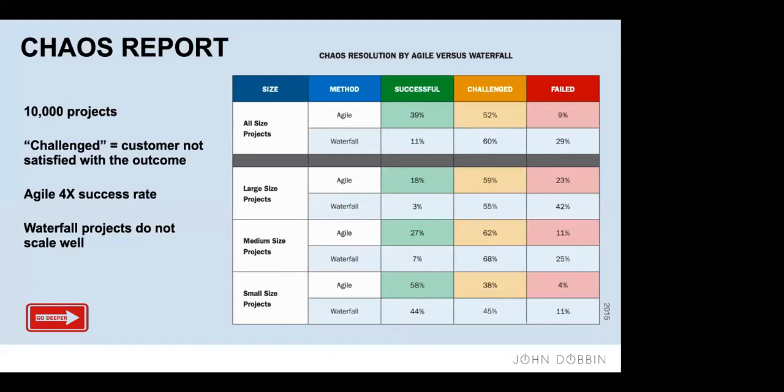So one of the first things that I want to focus you on is this concept of challenged. A successful project meant that they rolled it out and the ERP system came up and it worked.